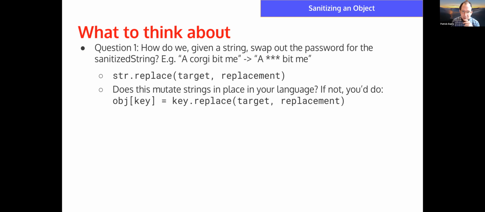Paying attention to that kind of detail can be a good thing to do in interviews to show that you really do understand the language you're working with. For example, JavaScript strings are immutable. You cannot change them in place. You have to reassign the key in the object you're dealing with to the new string with the replacement.